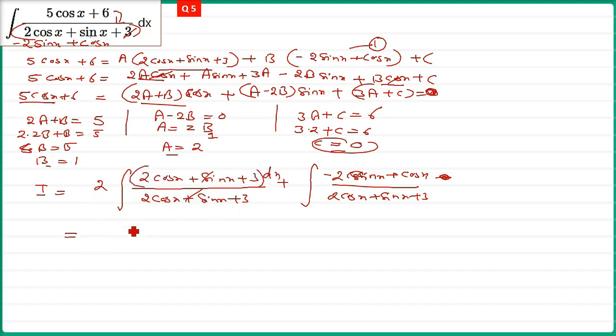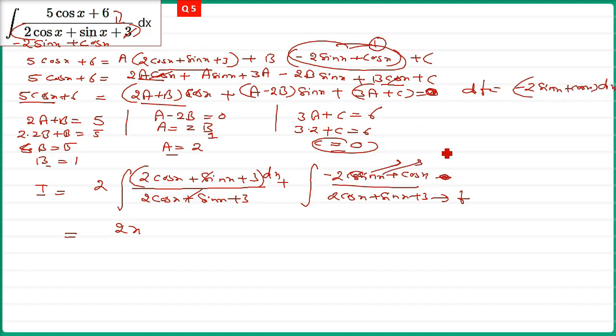We have a dx, so 2 into the integration of dx will be 2x. Now for the second term, if you take t as the denominator, the numerator will come as its differentiation. So take t equals 2 cos x plus sin x plus 3, then dt will be minus 2 sin x plus cos x, because we have already differentiated it. So this is dt in the numerator, t in the denominator.